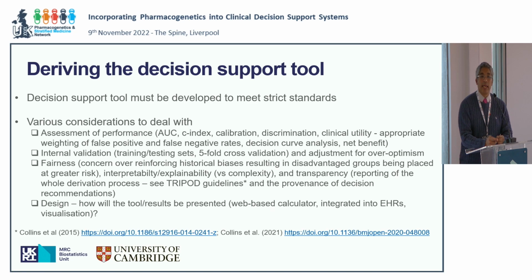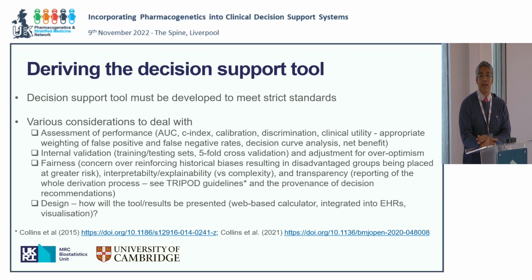But what I would say is that we should really appropriately choose a measure which is consistent with the purpose of the tool. We should also think about internal validation, because as we know, a lot of the tools we develop are over-optimistic, so we should have some level of internal validation to adjust for over-optimism.